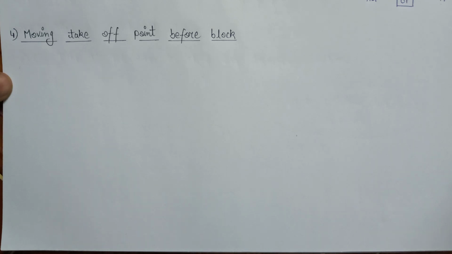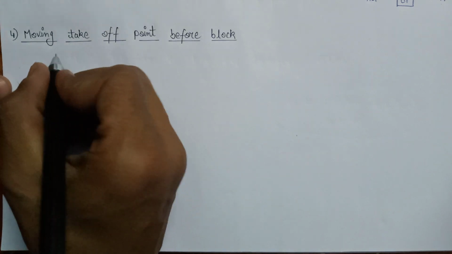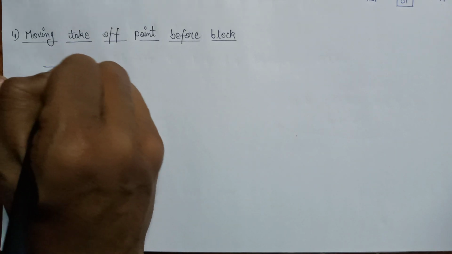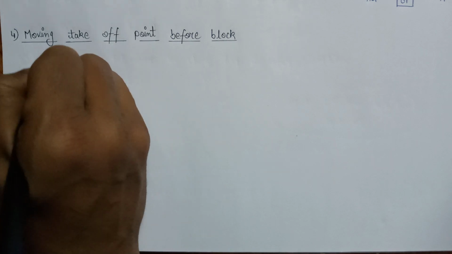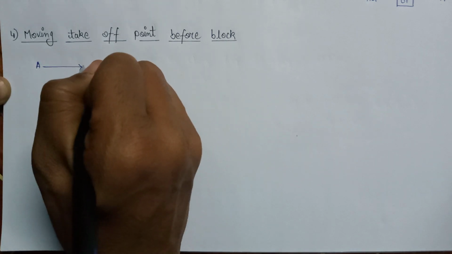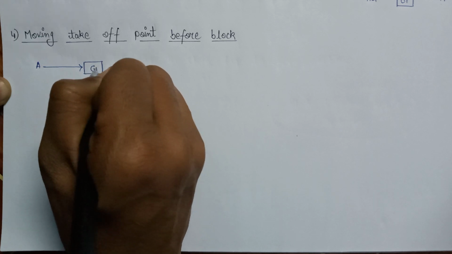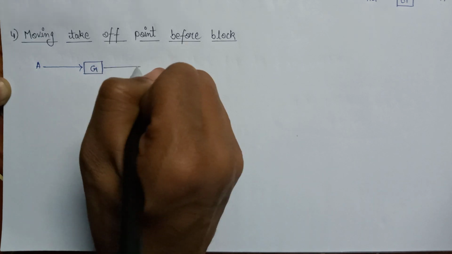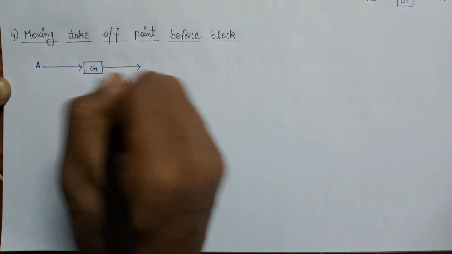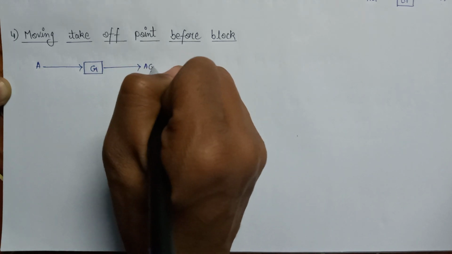Let us discuss rule number 4. According to rule number 4, this rule tells what will happen if we move the takeoff point before the block. Let us take an example in which the input A is applied to the block having the gain G, and this is the output, that is equal to AG.